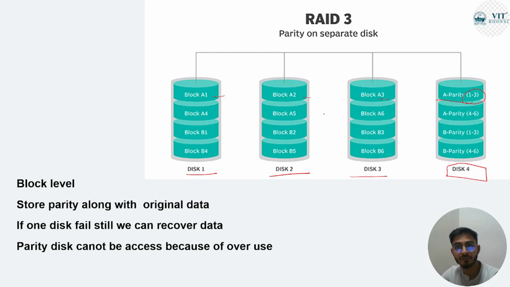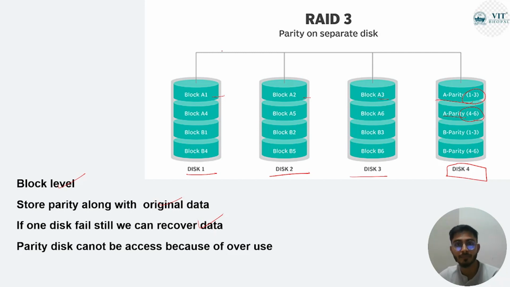Similarly, A4, A5, A6, and it is storing the parity from A4 to A6. So what is the purpose of parity? Here, as I explained, block level, store parity along with original data. You can see parity is there along with original data. If one disk fails, we can recover data. Okay. The purpose of parity is that if one disk fails, you can restore data.